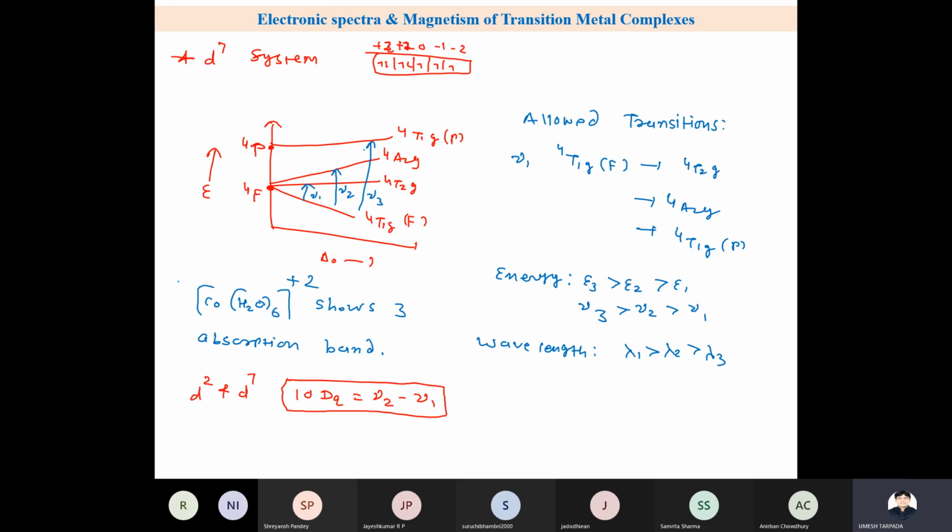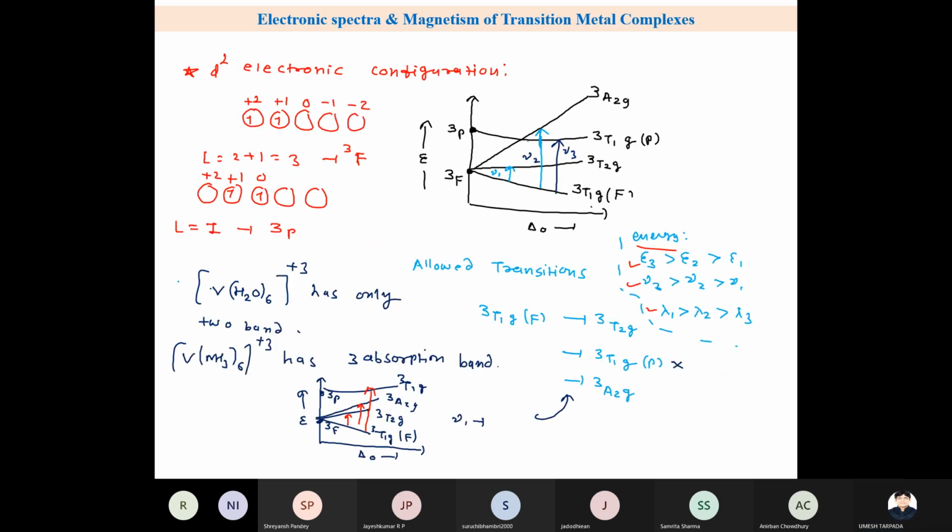ओके, फॉर एग्जांपल, in case of D2 system, V(H2O)6 3+, which shows how many transitions? Here in D2 vanadium complex shows how many band? It shows only 2 band.